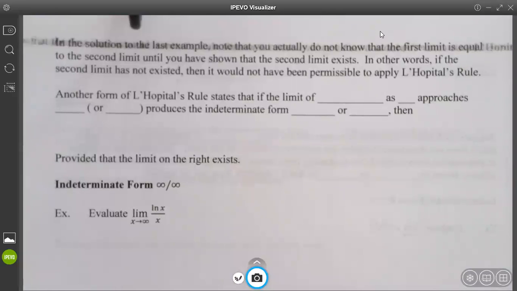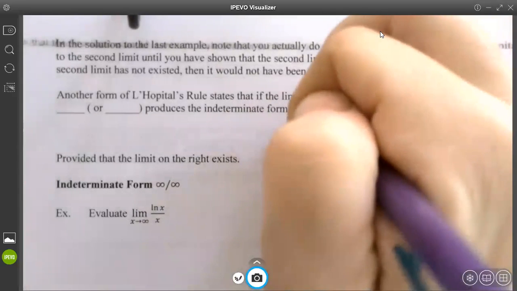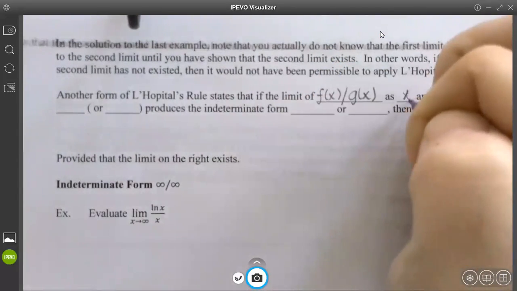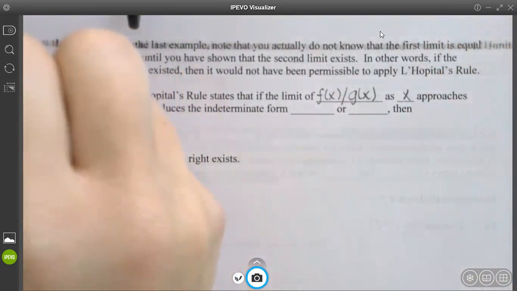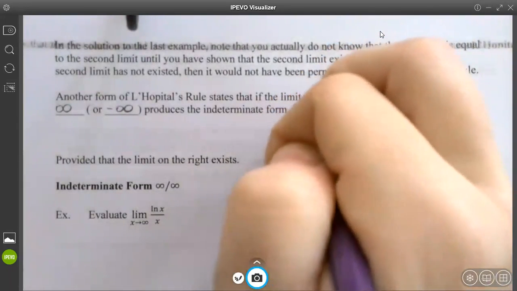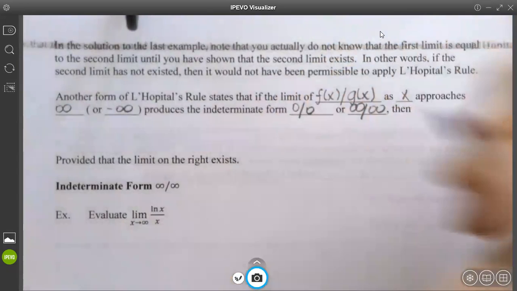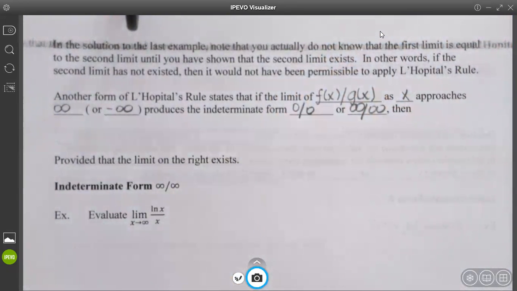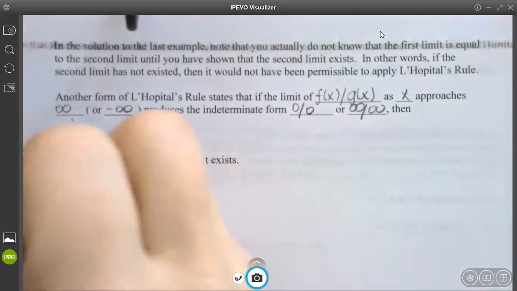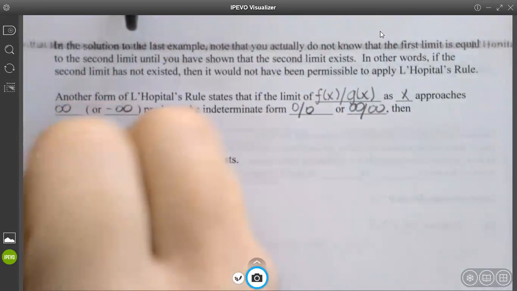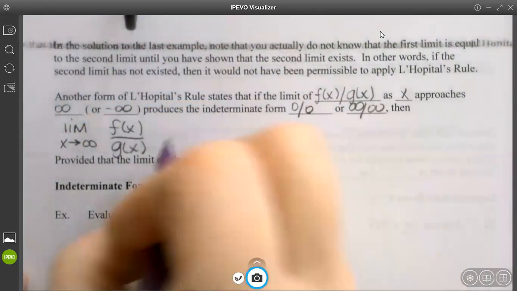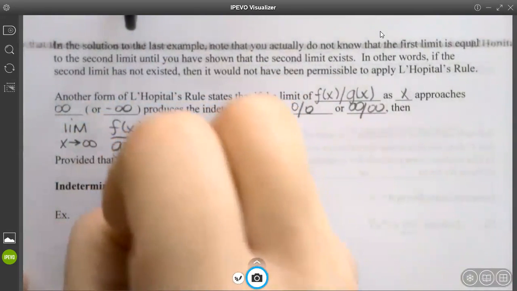So another form of the rule states that if the limit of f of x over g of x as x approaches infinity or negative infinity produces the indeterminate form 0 over 0 or infinity over infinity, then the limit as x approaches infinity of f of x over g of x is the same thing.